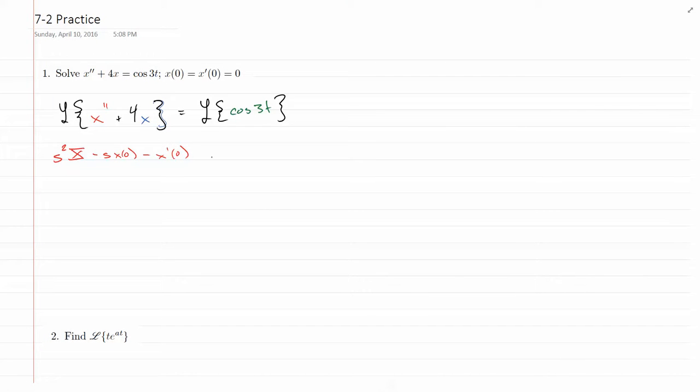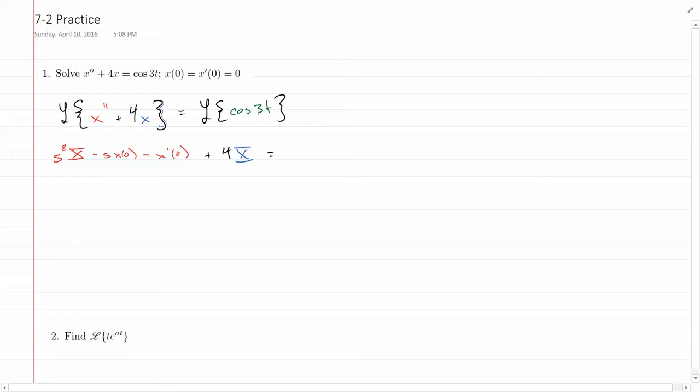Then you're going to have plus 4 times the Laplace transform of x, which is just capital X, and that's got to be equal to the Laplace transform of cosine of 3t. We have a formula for the Laplace transform of cosine of kt, and so that's going to be s over s squared plus k squared, which in this case would be 9, because k is 3.